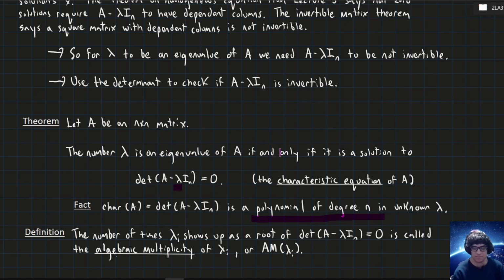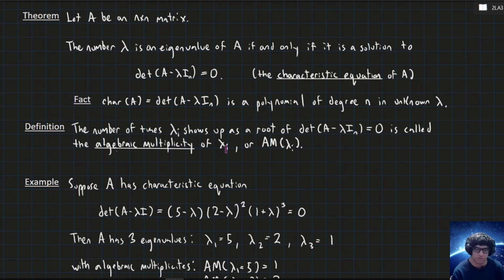The highest power is lambda to the power n, and lambda is the variable that you have to solve for. So you're looking for the roots of the polynomial. You have to factor it or use the quadratic formula or something like that. That's how you find all the lambdas, all the eigenvalues.